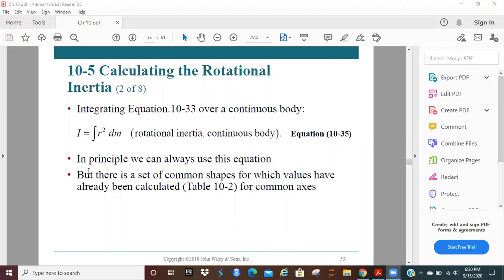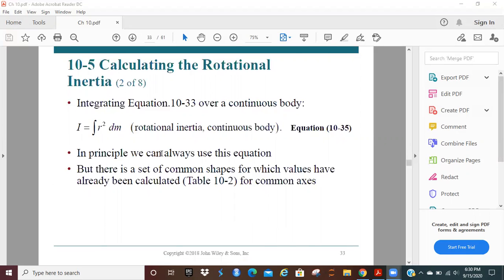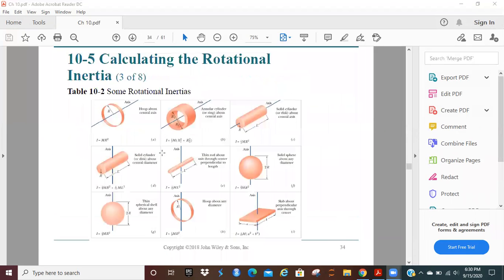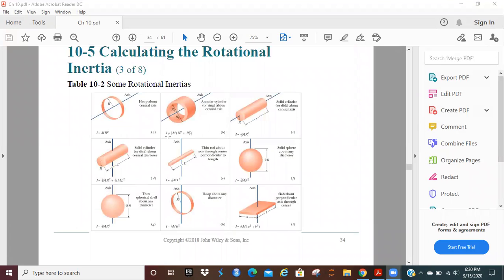So we have a set of common shapes for which values have already been calculated because we're nice like that. If you want to work through the math of some of these things, it's worthwhile to do if you've got buckets of spare time. But you can kind of see you've got your axis, you've got how this is oriented. You can see the differences here and how that moment of inertia comes about.